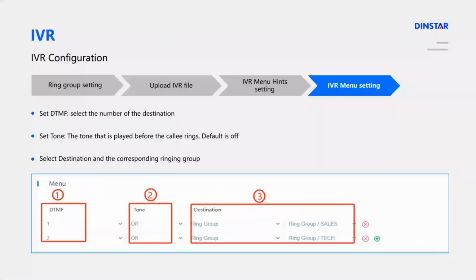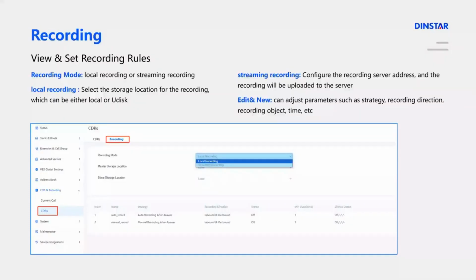The last one is about call recording. It lets you capture and store calls for compliance, training or reference. It offers 2 modes: local recording, which saves the files to the IP PBX local storage or a USB drive, and streaming recording, which uploads the files to an external recording server for centralized storage.